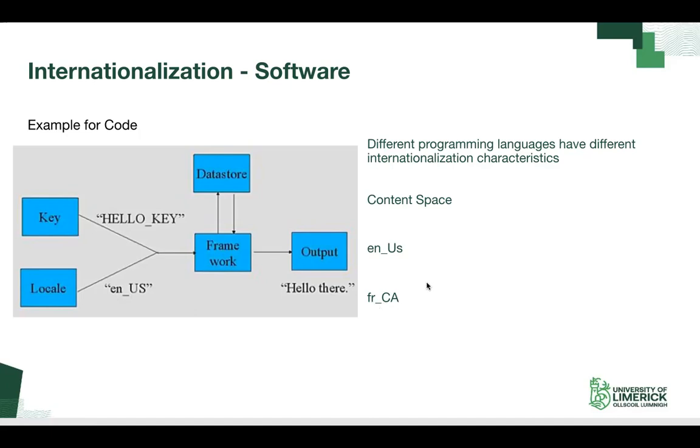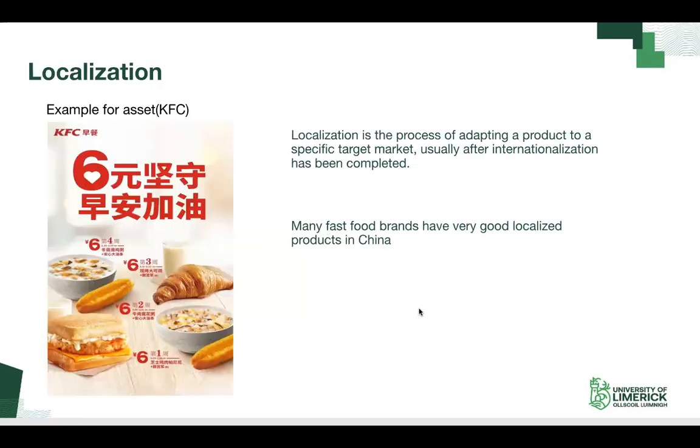Okay, let's begin to look at localization. Localization is the process of adapting a product to a specific target market, usually after internationalization is done. Here's an example for the assets. KFCs in different regions have different special menus.